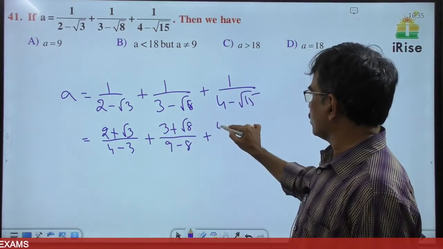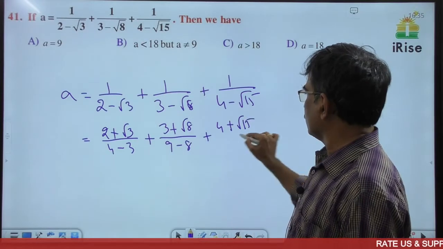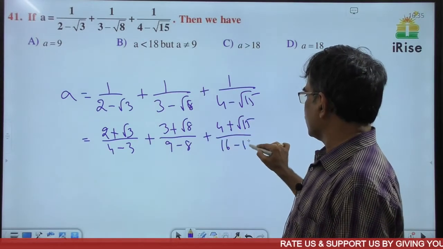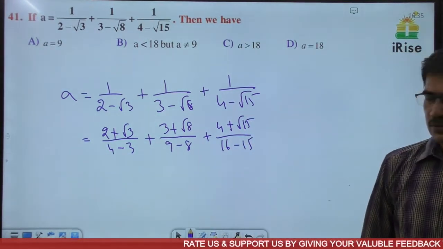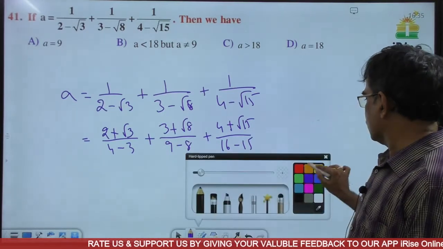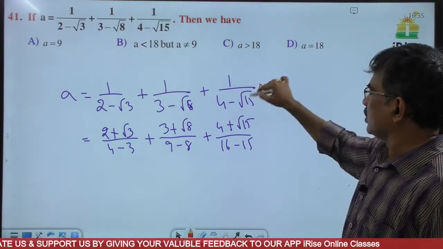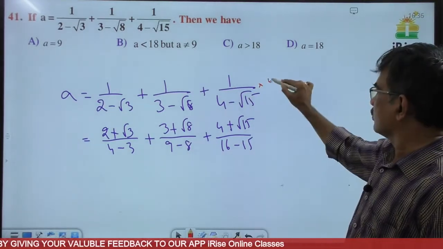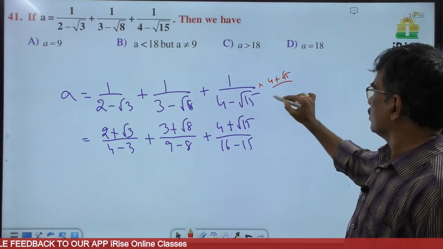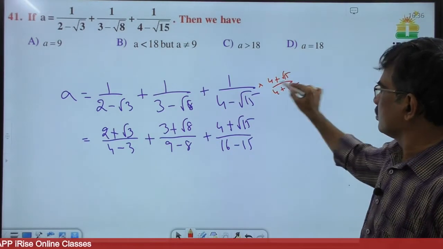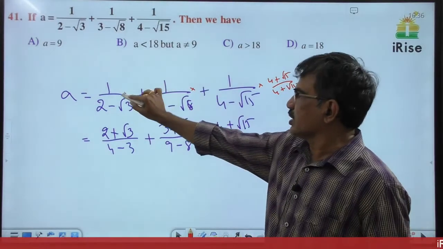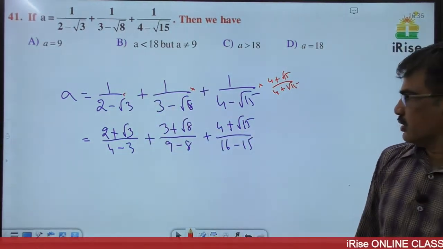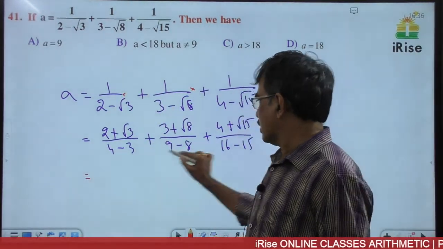After rationalization we get 4 plus root 15 by 16 minus 15. Just multiply and divide by the same number. Similarly for this one, multiply and divide. So the denominator is 1 for all.